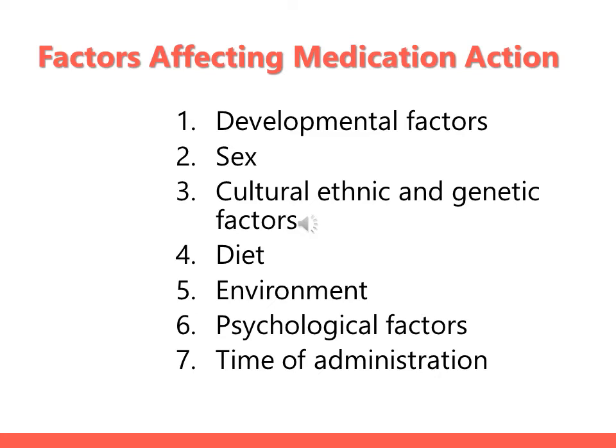Vegetables are high in vitamin K. And if your patient is taking the medication called warfarin or Coumadin, and your patient is eating a lot of vegetables, normally there would be an opposing action between the diet and the medication. That means the medication being taken by your patient will not fully take its effect because of the diet the patient is eating.